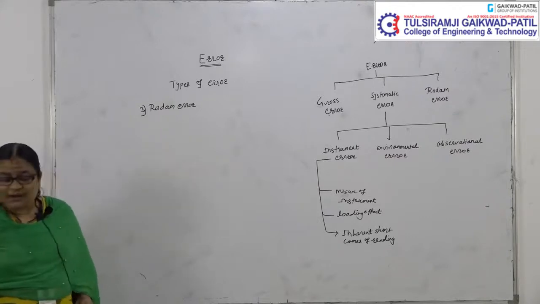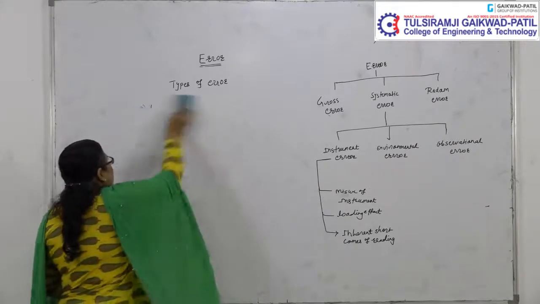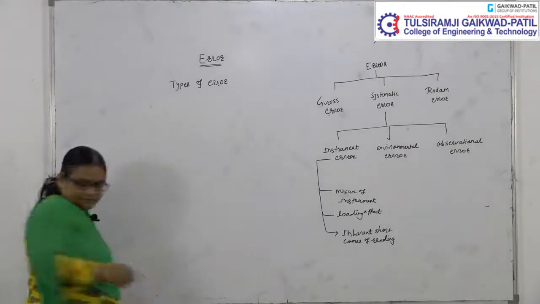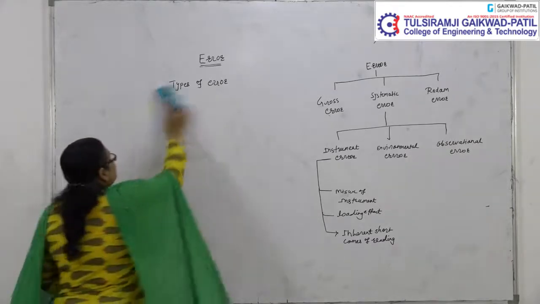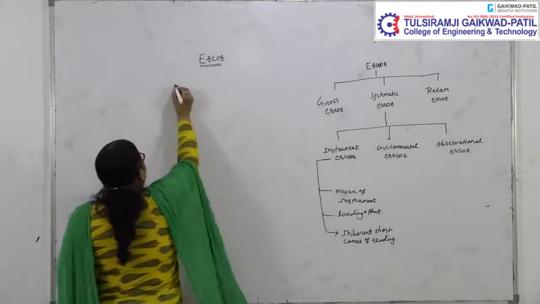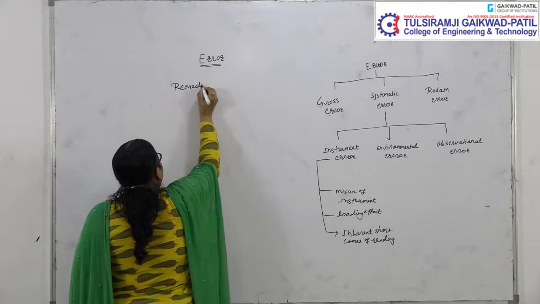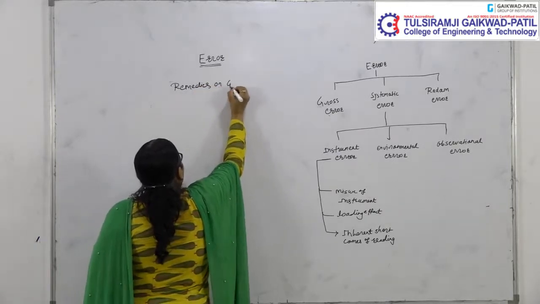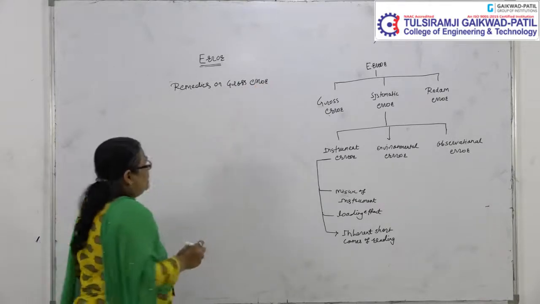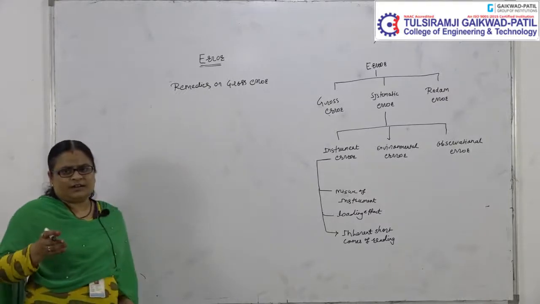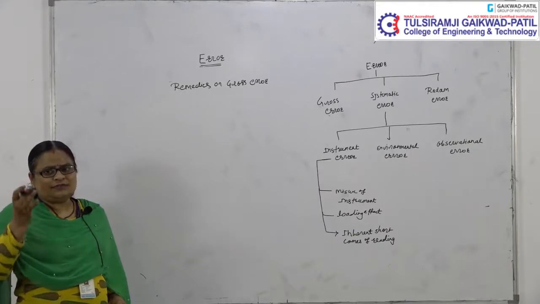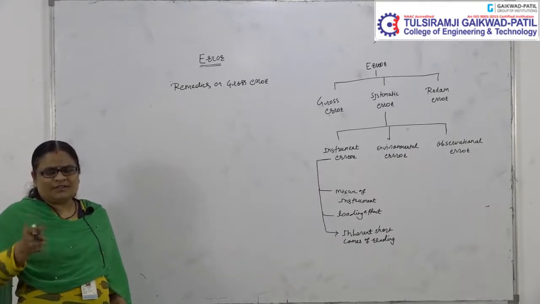The remedies on gross error, systematic error. Remedies on gross error: all of you know that the gross error is caused by human mistake, and therefore the human should not have fatigue.